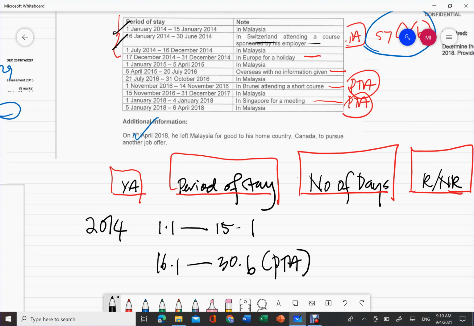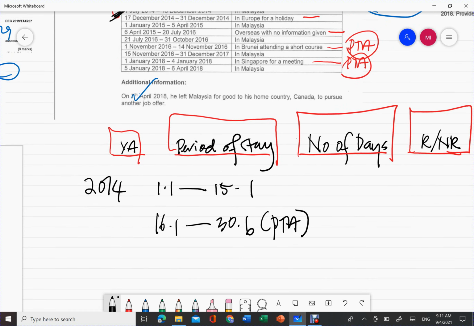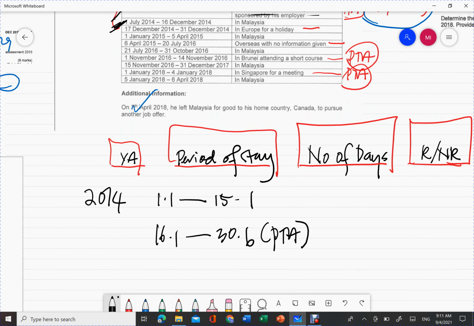And then followed by this one, he was in Malaysia from 1st July until 16 December. This means for the period of stay, you just write the period of stay in Malaysia.